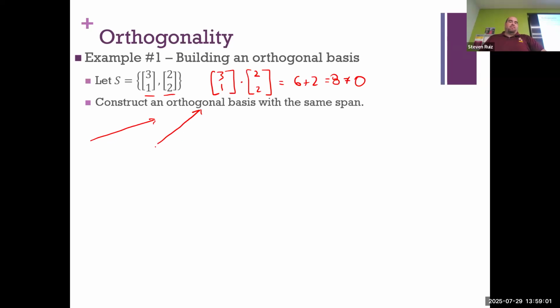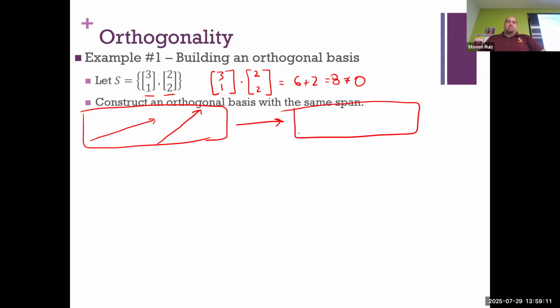What I would like to do is replace this picture with something that looks like this. Again, we're going to try to make orthogonal vectors. I don't need one to be totally horizontal. I don't need one to be totally vertical. But I would like them to be orthogonal.